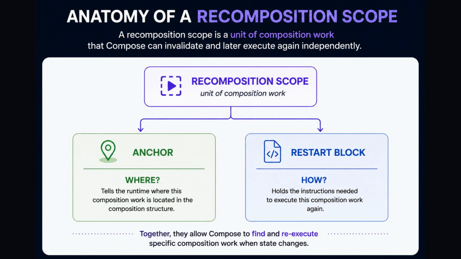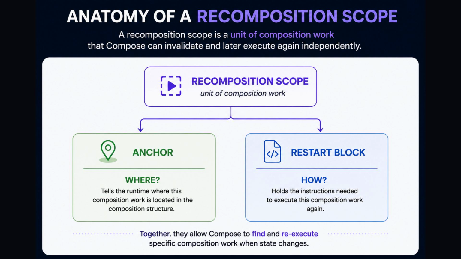So back to my previous question, how does the runtime actually track that restart point? To make that restart possible, the Compose compiler actually injects specific runtime machinery into your bytecode during the build process. Like extra data. Exactly. It creates two conceptual pieces of data for the scope. First is an anchor, which tells the runtime where this specific work is located. And the second?